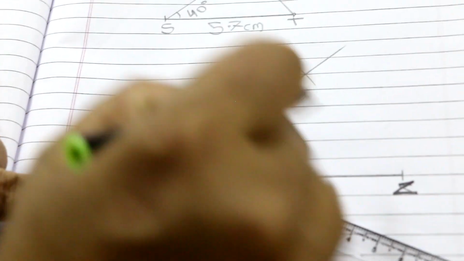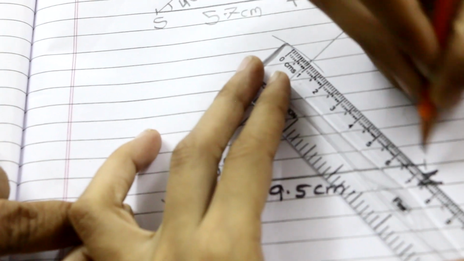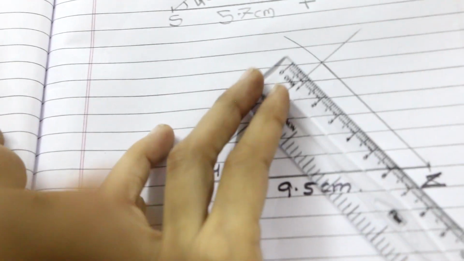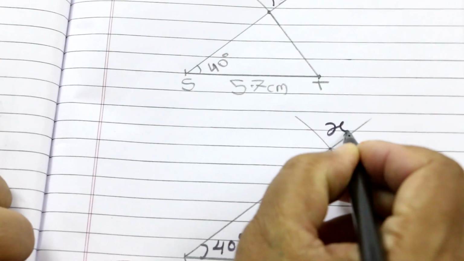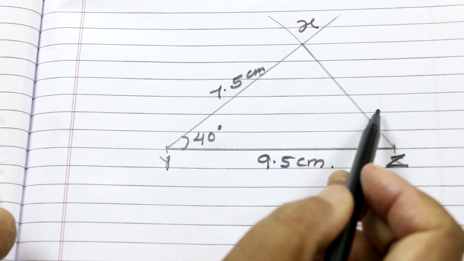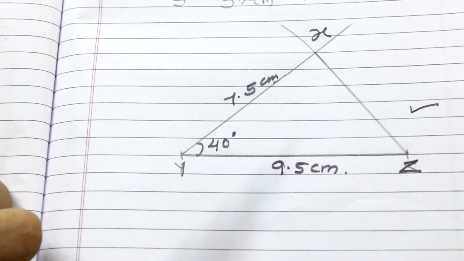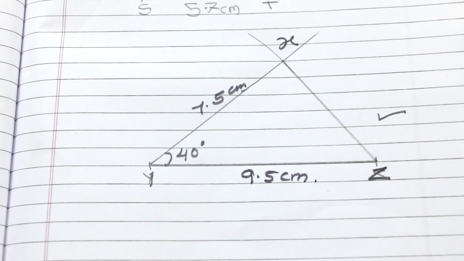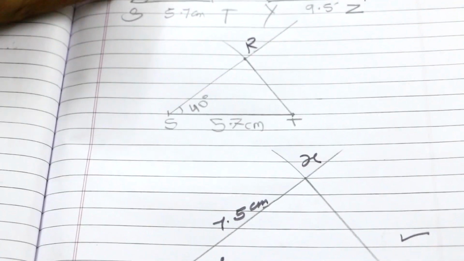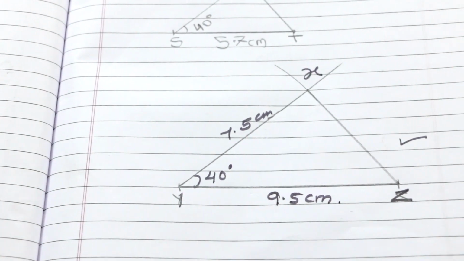Join this point and the point Z and label that point as X. This is point X. This is 7.5 centimeter. This is 9.5 centimeter, and this is your required triangle which you needed to construct. See that you draw the construction 3 to 4 times. Pause the video. If you don't understand, rewind it and then do the construction.